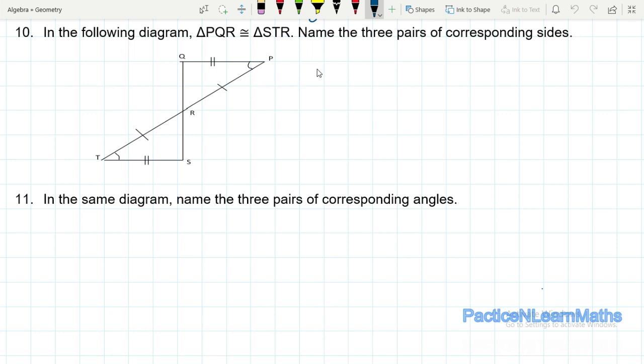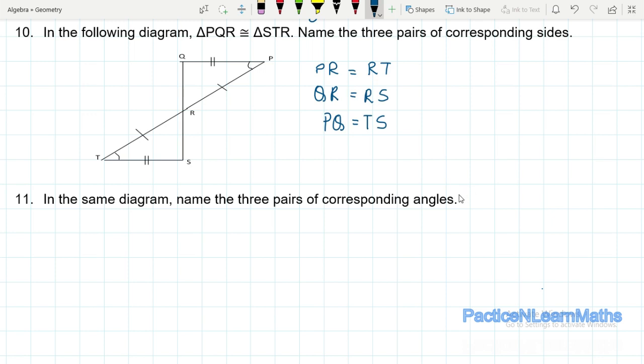So what are the three pairs of congruent sides? PR is equal to RT, QR is equal to RS, and PQ is equal to TS. This is the answer.